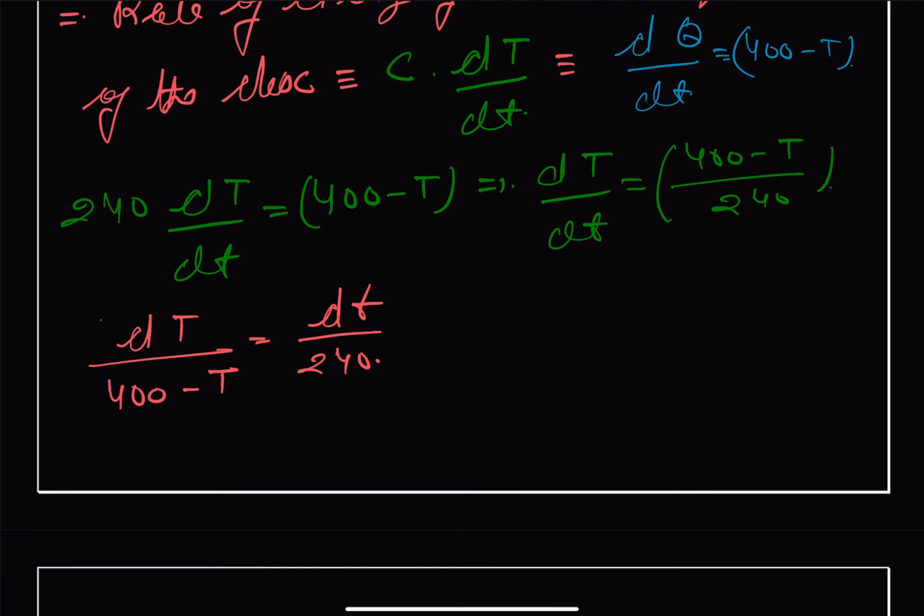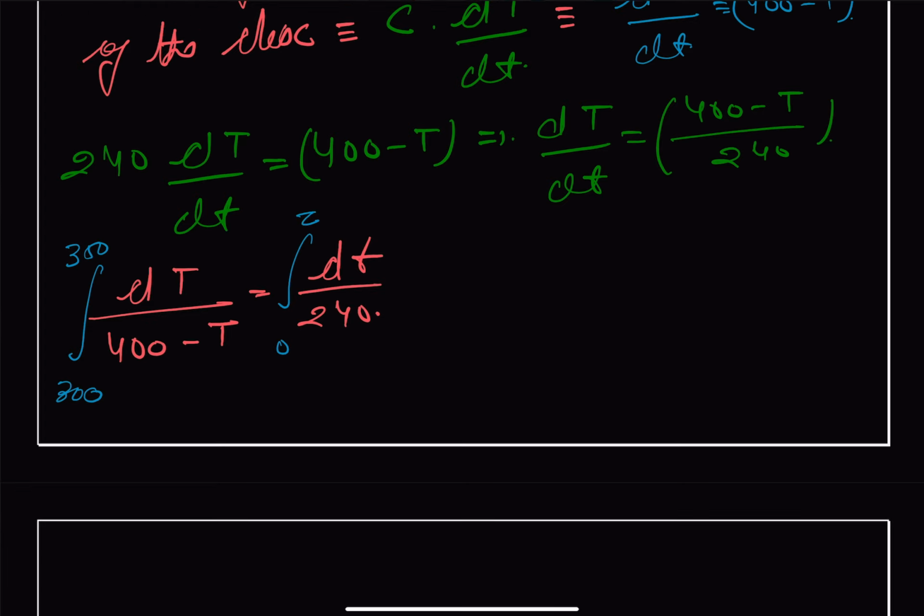So the initial temperature was 300, the final temperature is 350, the starting time is 0, and the upper time, let us suppose, is tau.